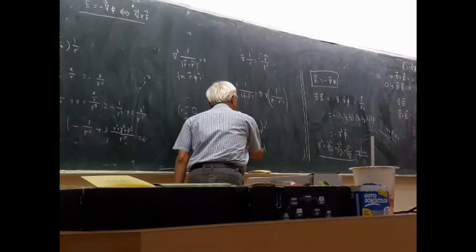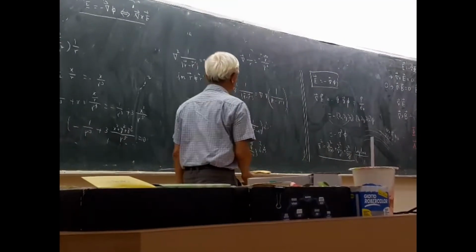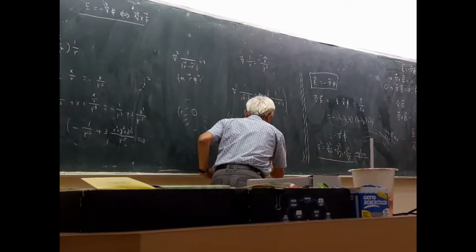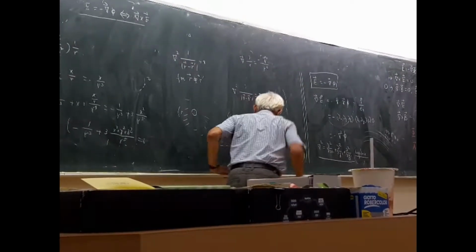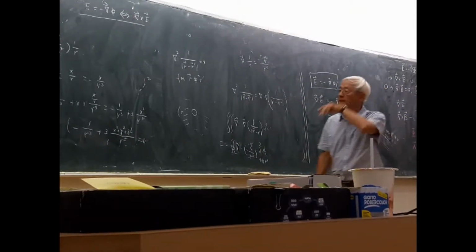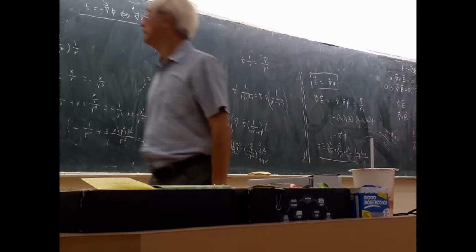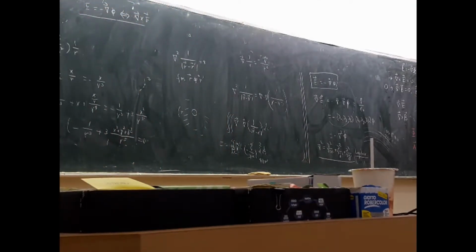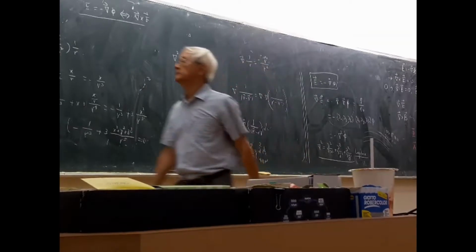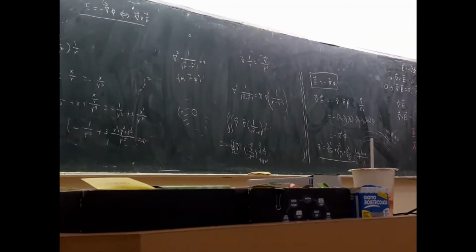So n is the same for r squared, cancel out. So what do you get? Minus sign here. So make that one, it's a minus sign there, 4 pi, cancel this one, equal to epsilon rho.